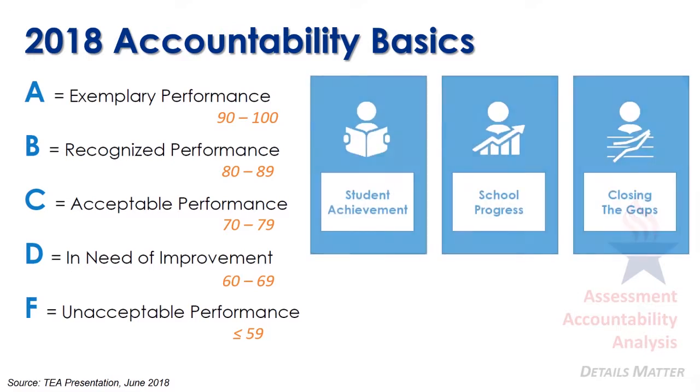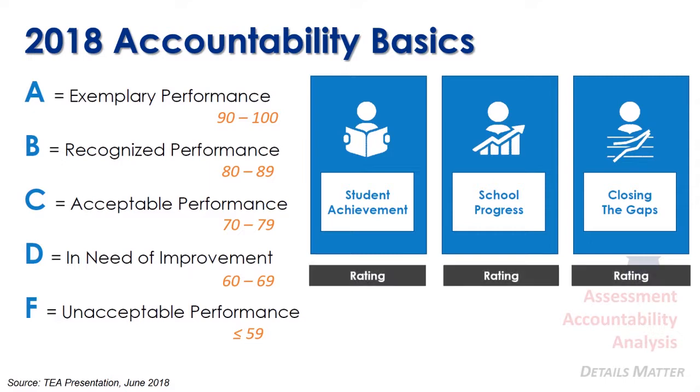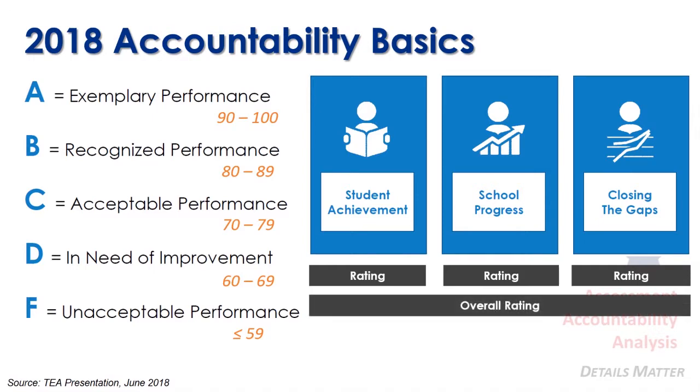House Bill 22 mandates that districts and campuses are rated in 3 domains, similar but not identical to the indices employed in the previous accountability system. TEA's task was to devise a way to score every district and campus on this 100-point scale and assign a rating for each domain, then to establish a method for also assigning an overall rating.